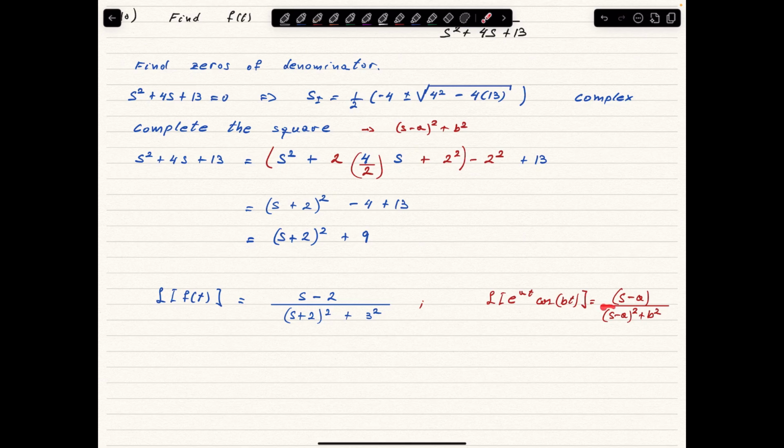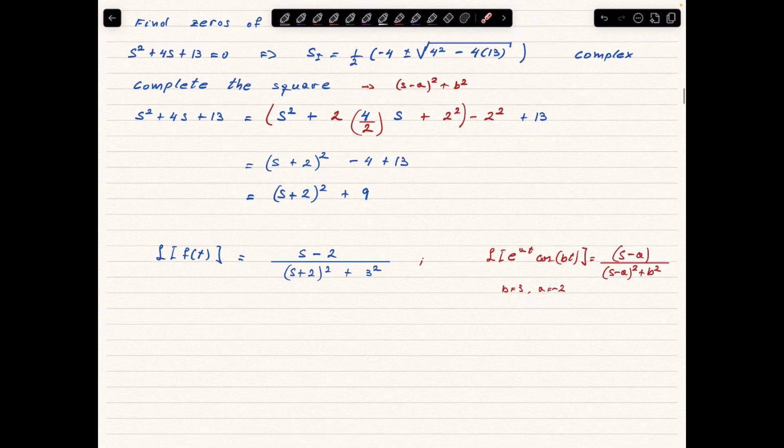And notice that the denominators look pretty much the same if we choose b equal 3 and a equal negative 2. Unfortunately, the numerator is not the same, because when a is negative 2, here we should have s plus 2, and we don't have it.